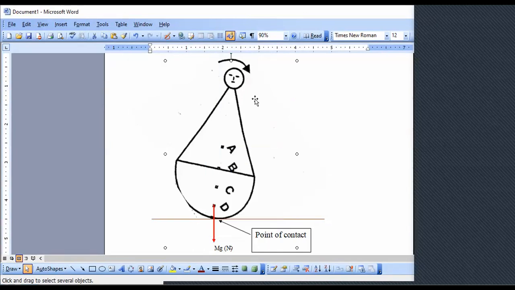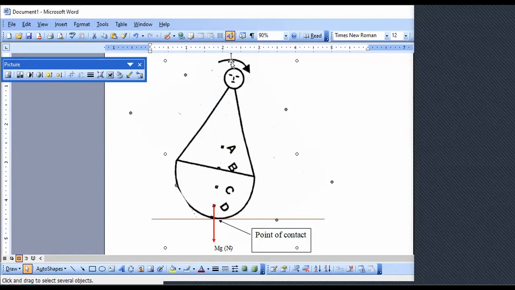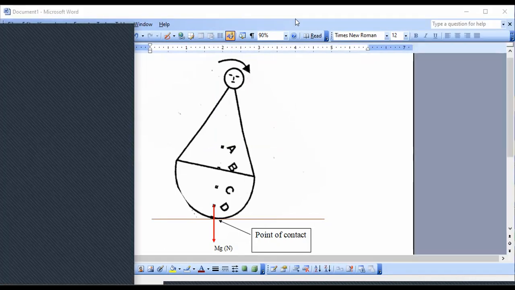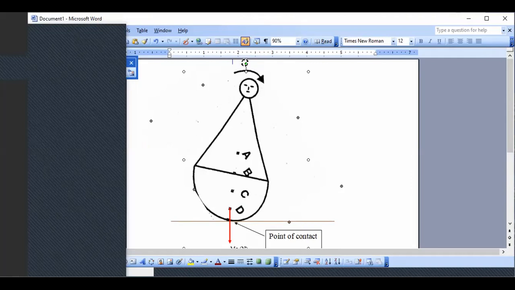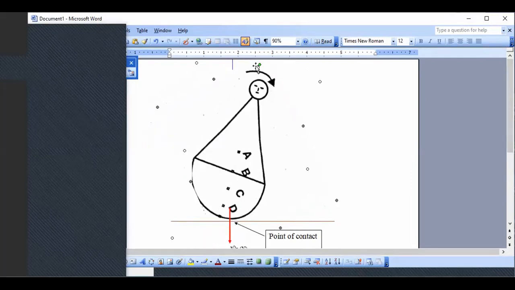Right, look at the board here. What will happen if I rotate this like this? That's what I want to show you here.